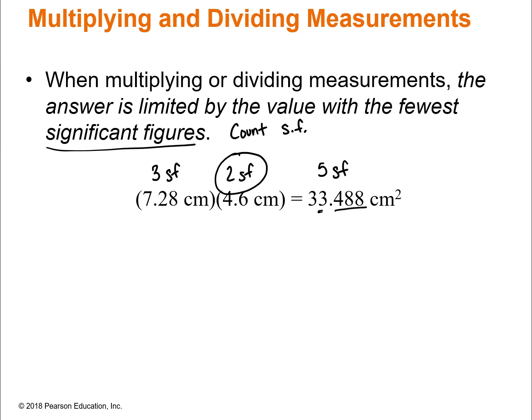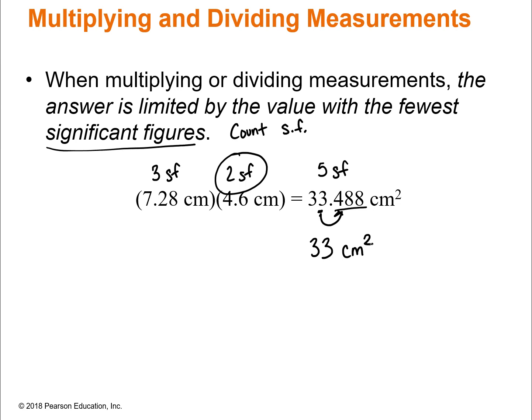We're looking at the 3. That's the last number we're going to keep. We look at the 4 next to it. Well, looks like we're just going to drop everything off.